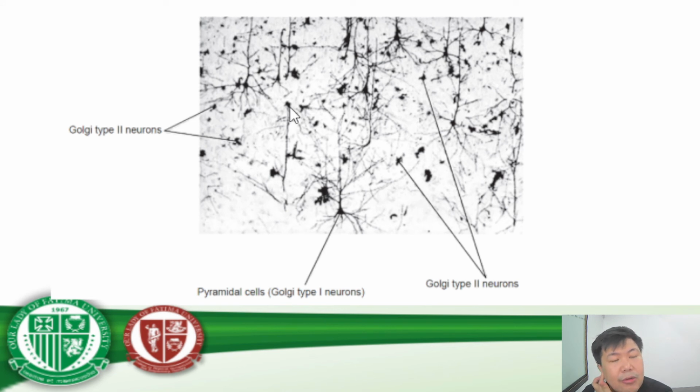Sometimes umaabot daw ng 1 meter in extreme cases. Tapos, yung mga singular lang, na maikli lang, those are your Golgi type 2. So here, we have one, another type 2, another type 2 here, another type 2 here. So, mas marami daw ang Golgi type 2 compared to type 1.